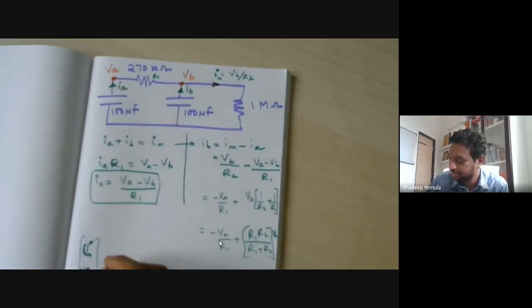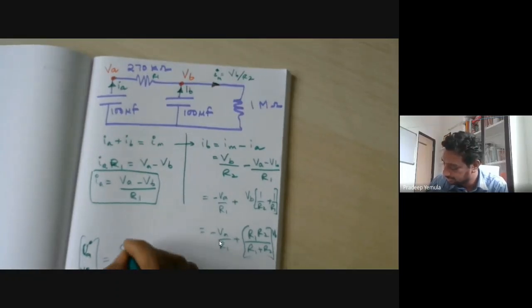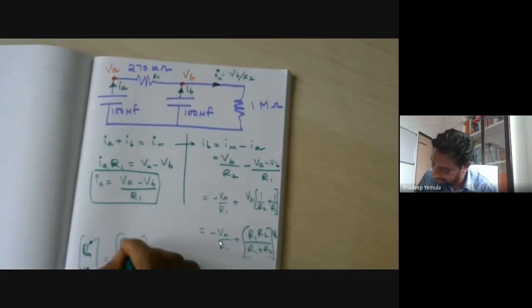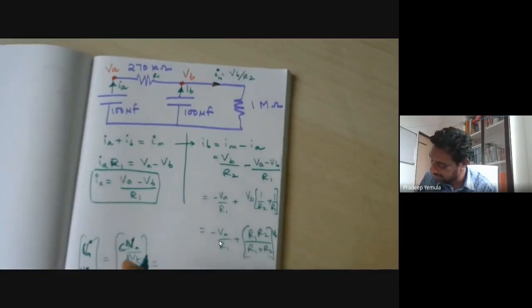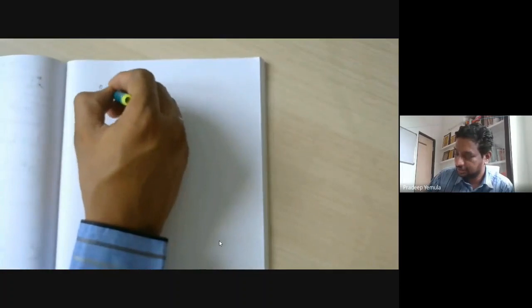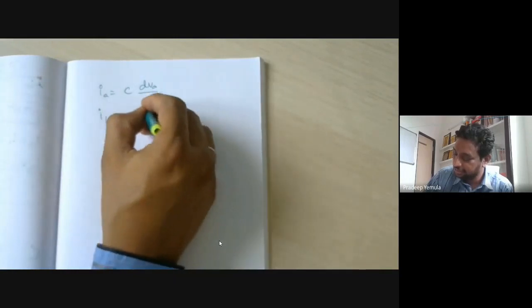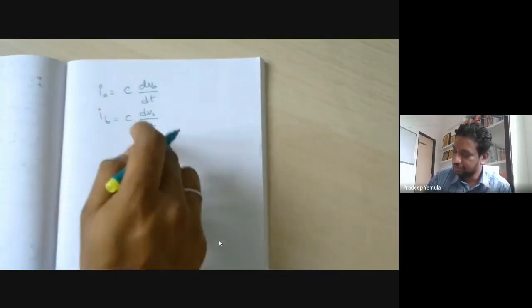So IA is C dVA by dt, and this is also C dVB by dt. Let me write it in a different way: IB equal to C dVB by dt. So now I have these two.